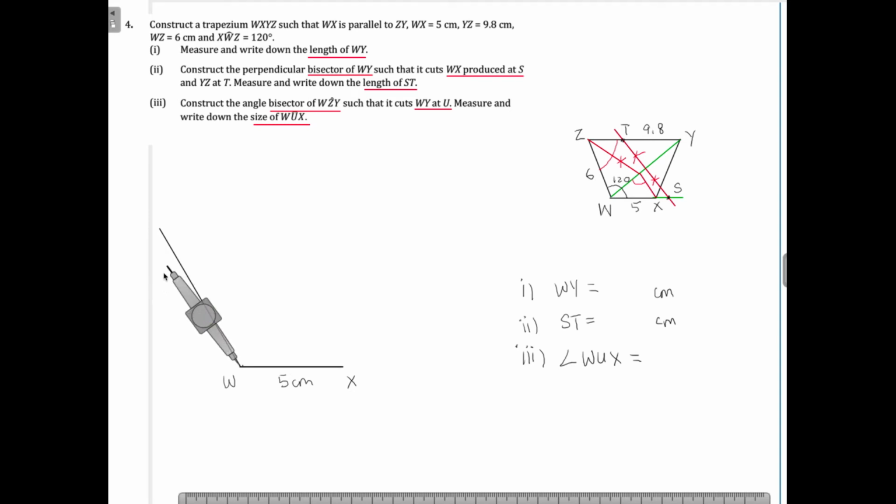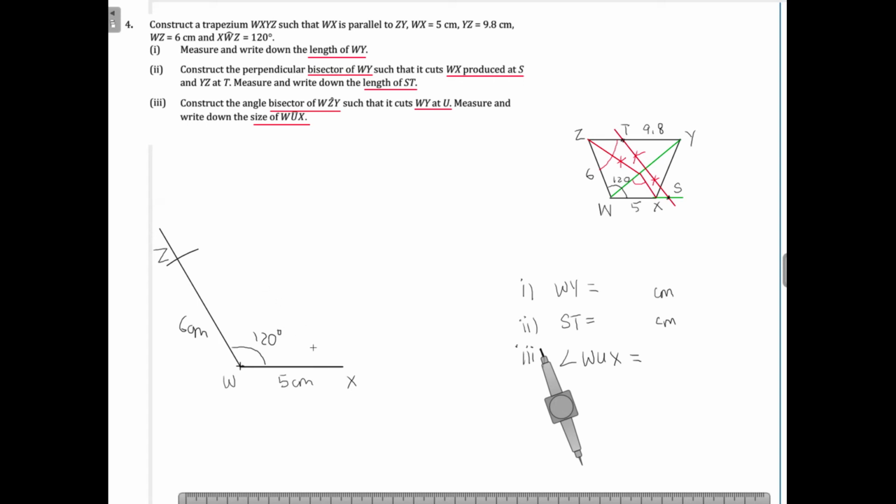Rotate. And mark an arc of 6 cm. So this angle here is 120 degrees. And the point here is Z.